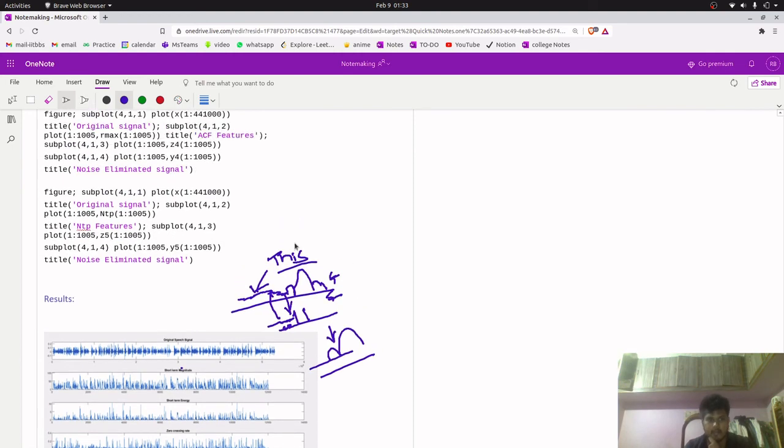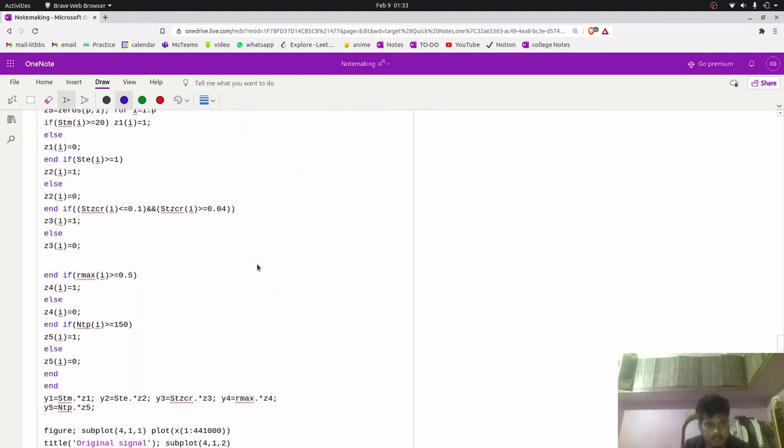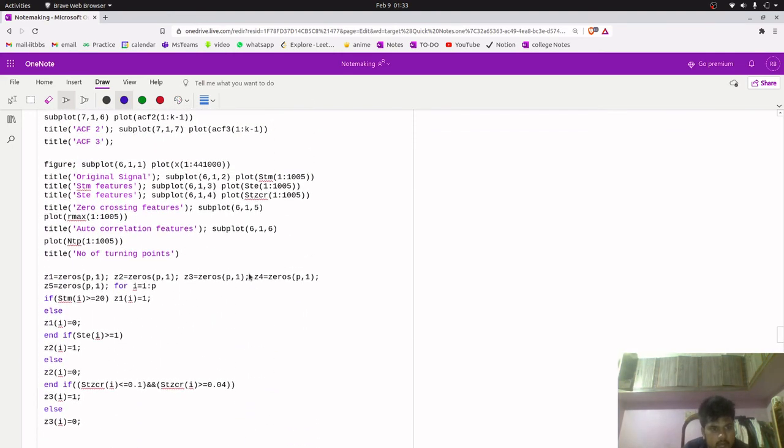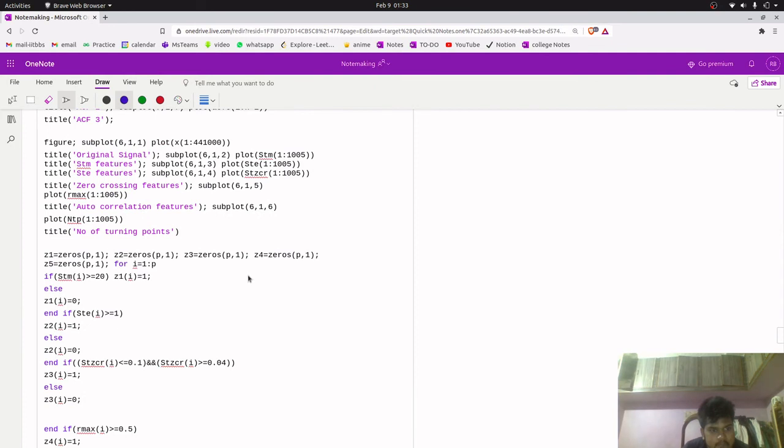I have given a short term magnitude threshold value of 20. If its value is greater than 20, then it is a recognized speech signal. If it is less than 20, it is considered a noise signal.